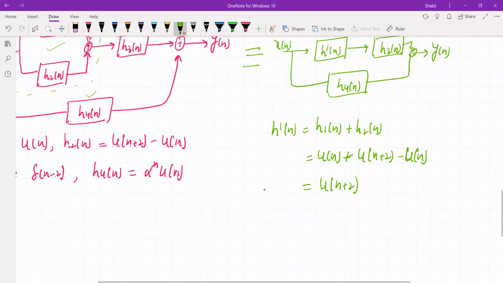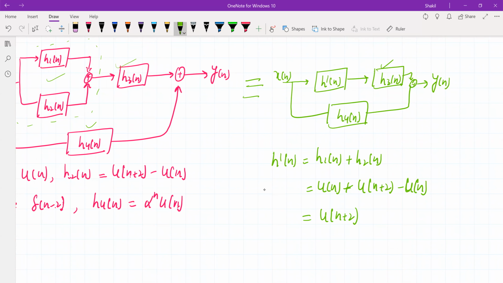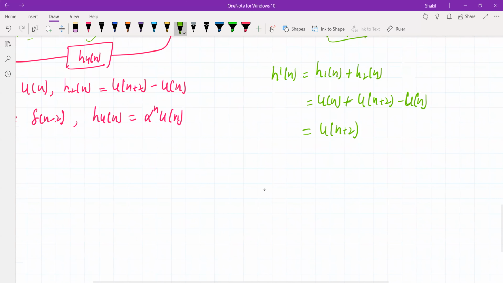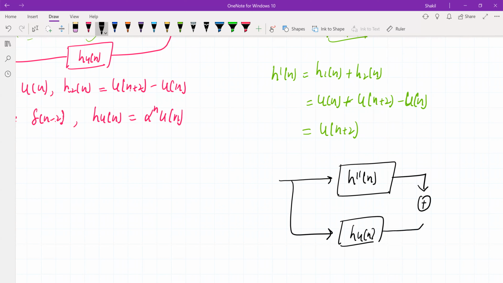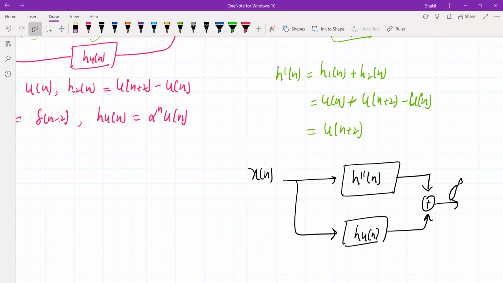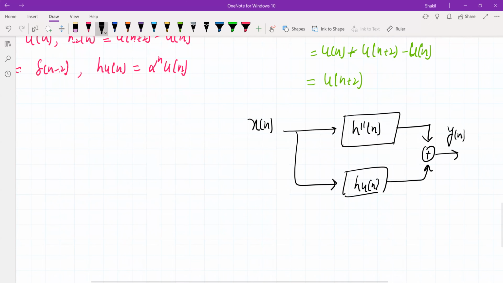Now h dash of n is in cascade with this system, h3 of n. So we can replace these two by a single system, let's call it h double dash of n, and the rest will remain the same: this is h4 of n, this is x of n, and this is y of n.